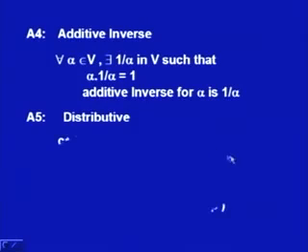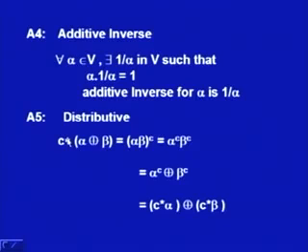Next is the distributive property. We have C star alpha plus beta, which is equal to alpha beta raised to the power C, and these are simply numbers. So I can write this as alpha raised to the power C times beta raised to the power C, that is, alpha C added, with this operation, to beta C. Alpha C is nothing but C star alpha, so C star alpha plus beta is nothing but C star alpha plus C star beta.